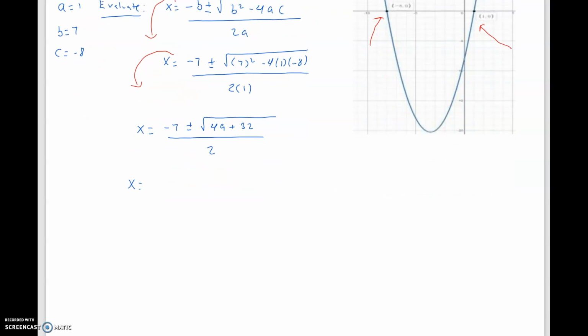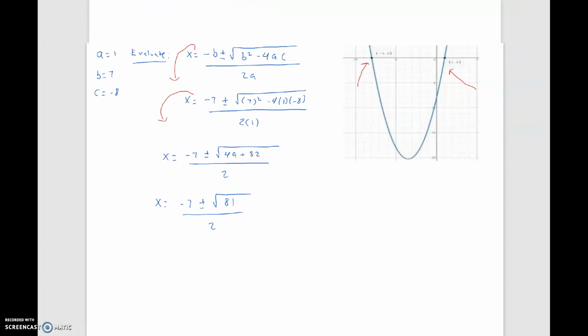And x is equal to -7 plus or minus the square root of, 49 and 32 is going to be 81. I'll check that in a minute. Yep, we're looking at the square root of 81.